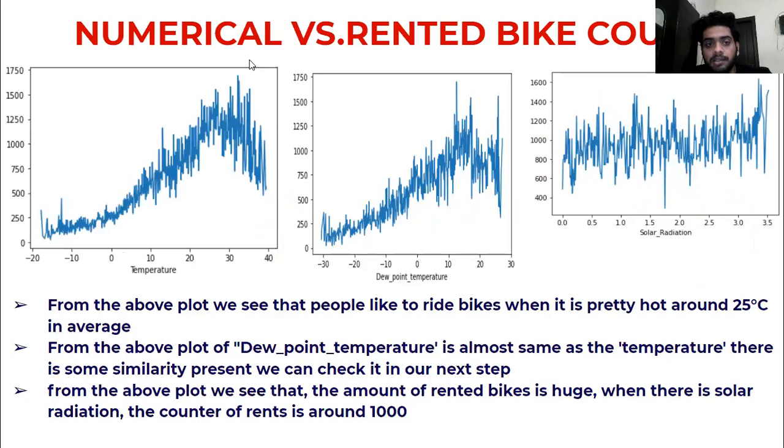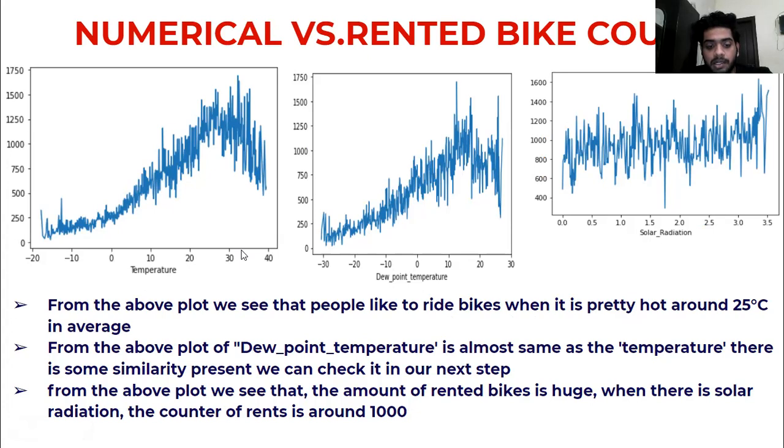And this is the analysis of all the numerical variables versus rented bike count. From this temperature plot, we can say that people like to ride bikes when it is pretty hot, around 25 degrees Celsius on average. The dew point temperature is almost the same as the temperature variable.